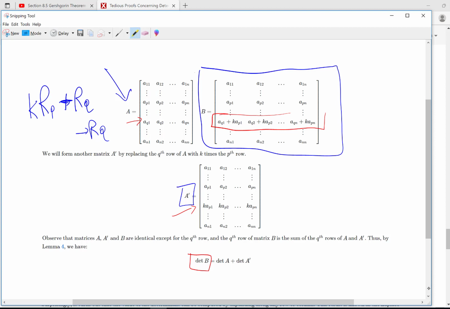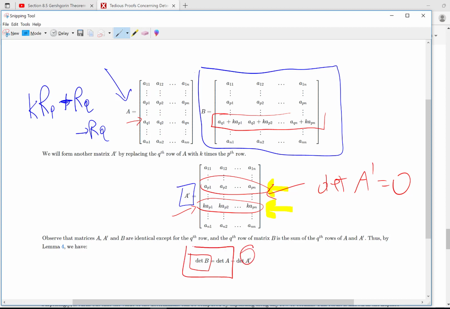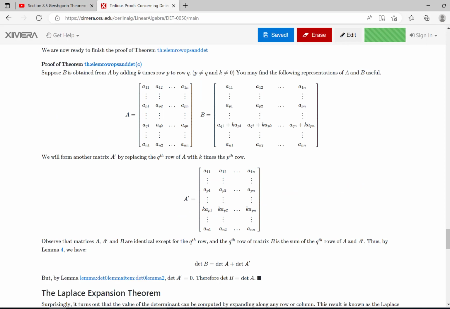Because in A prime, one row is a scalar multiple of the other, the determinant of A prime must be 0, because these are linearly dependent rows. So the determinant of B equals the determinant of A plus 0. And so the determinant of B actually equals the determinant of A.